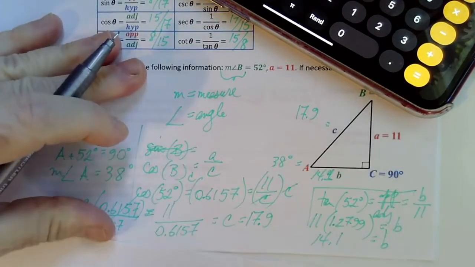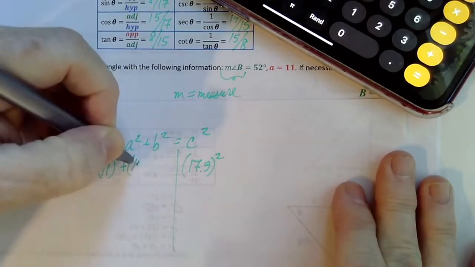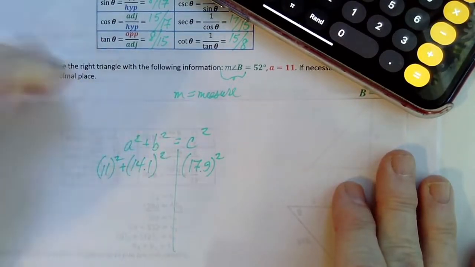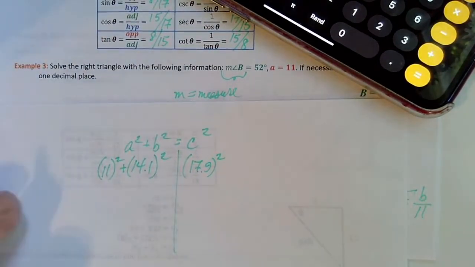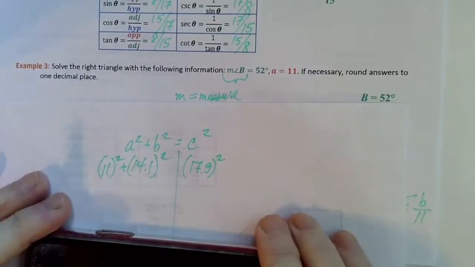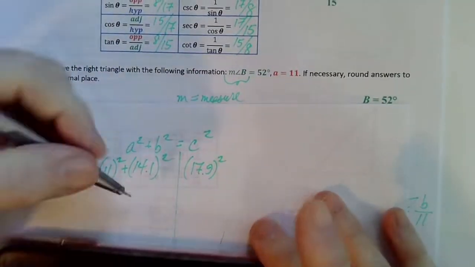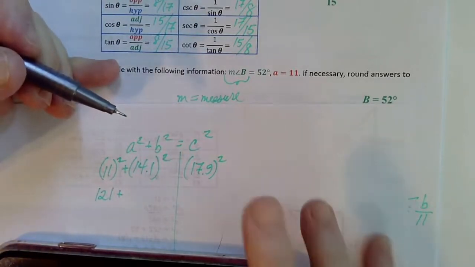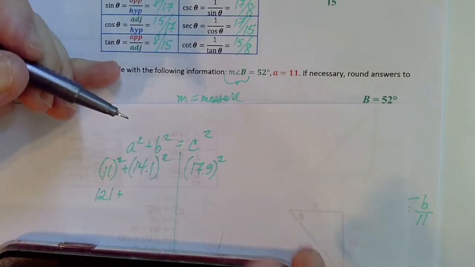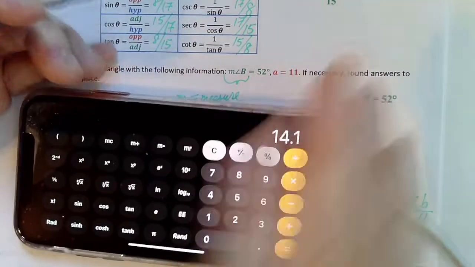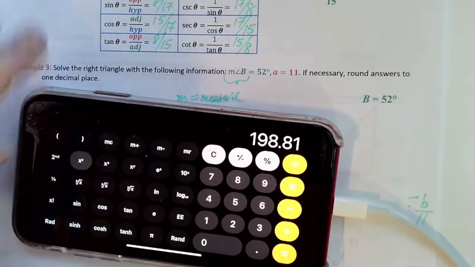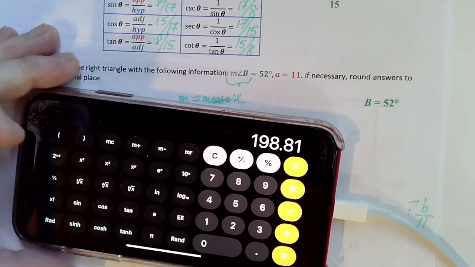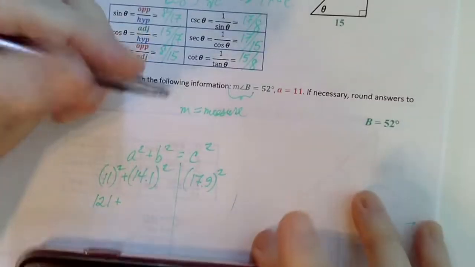And B, we just found 14.1. And since I'm checking, I'm not going to put an equal sign in the middle here. I've got 11 squared is 121. And I do not know 14.1 squared in my head. So 14.1 squared is 198.81.